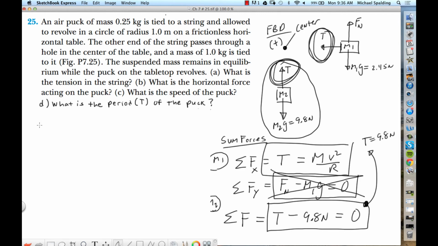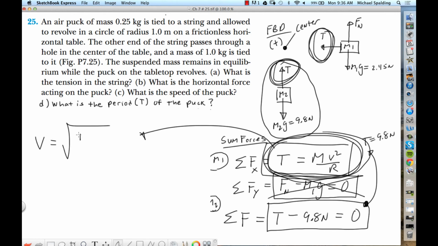Okay, third question. What's the speed of the puck? So taking this equation right here, solve it for velocity, which is the speed. Speed and velocity are the same thing pretty much. If you take speed, add a direction, then it's velocity. So V is going to be the square root of tension times radius over M. The tension in the string is 9.8.